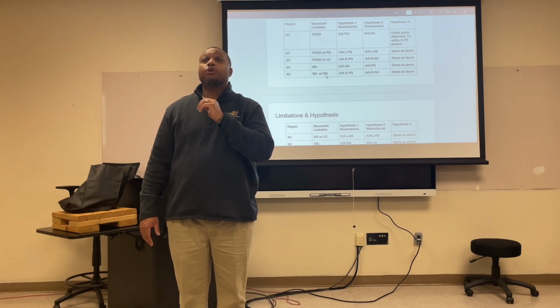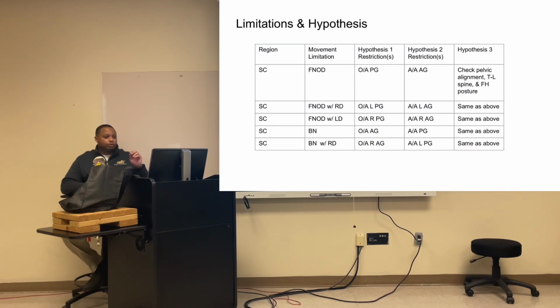I'm not doing a pure backwards nod in the sagittal plane. What limitation is taking me out of the sagittal plane with my backwards nodding at the subcranial spine? I'm deviating to the right with the backward nod.